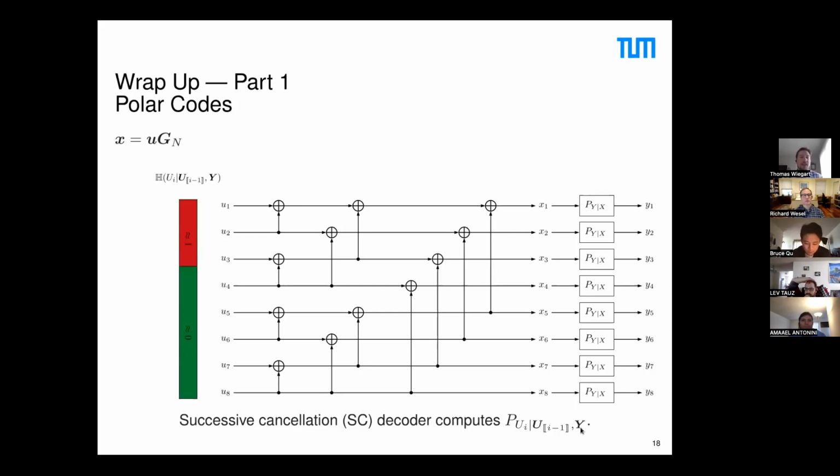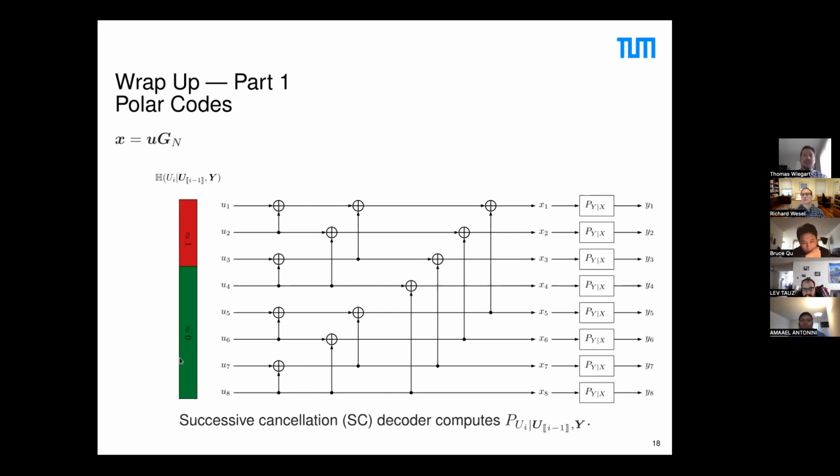And then these probabilities actually polarize. That's where the name polar codes comes from. Namely, it polarizes in a way such that the entropy of the bit U_i given previous bits and the channel observation is either very close to 1. That's kind of bad, because that means this bit is uncertain, we can't decode it.